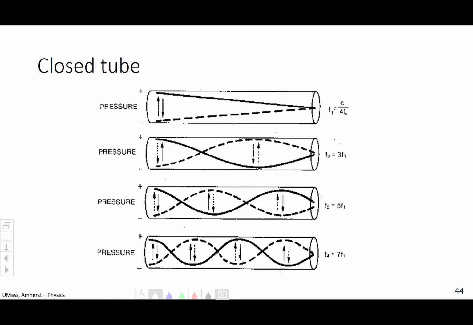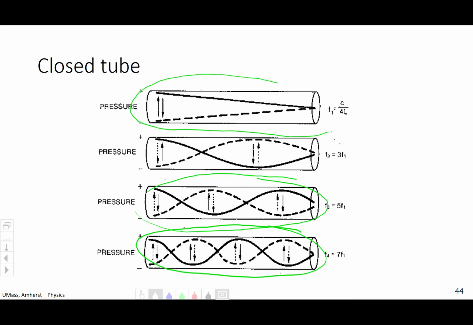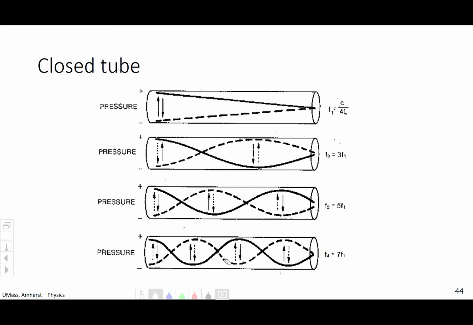However, when you whack it, when you hit it, the tube itself vibrates. And when the tube itself vibrates, it creates a whole bunch of different frequencies of pressure. And the ones that are a nice integer multiple, that create a nice standing wave inside the tube, those are going to be the ones that get amplified that you hear.